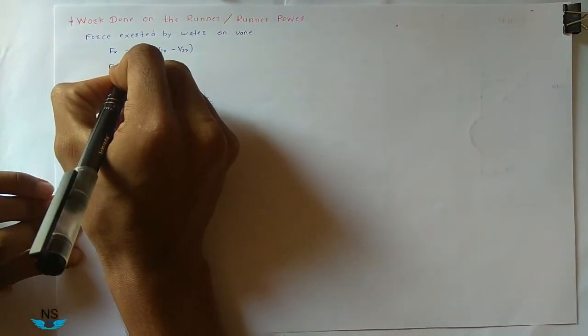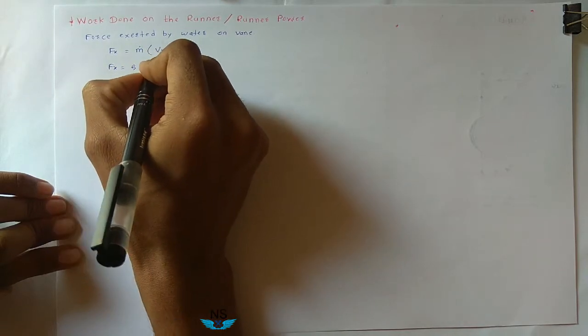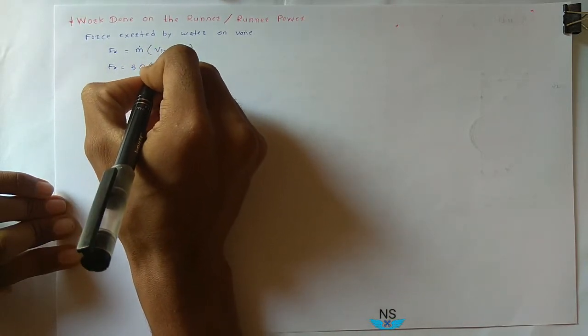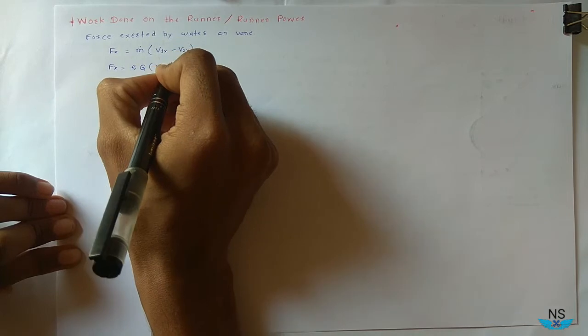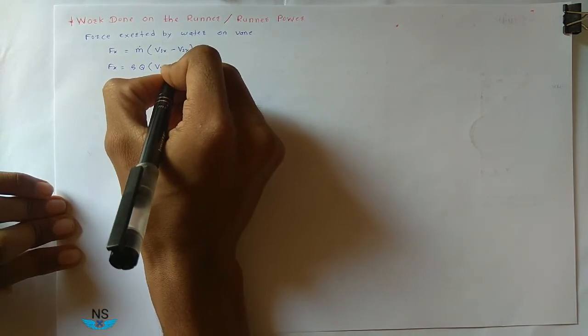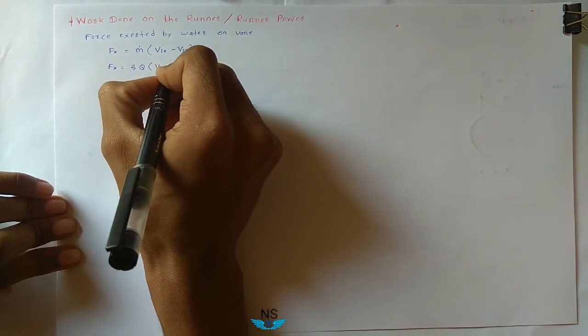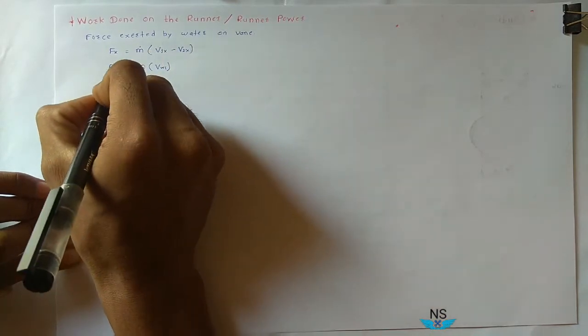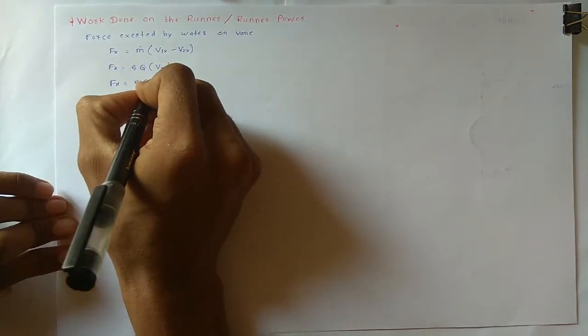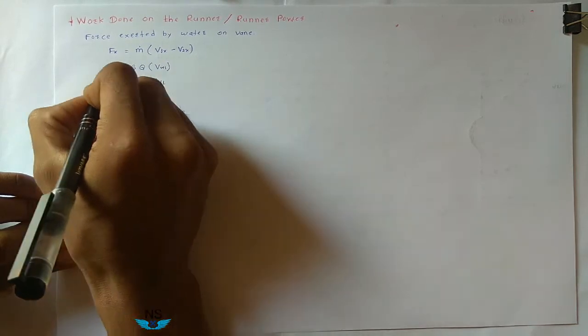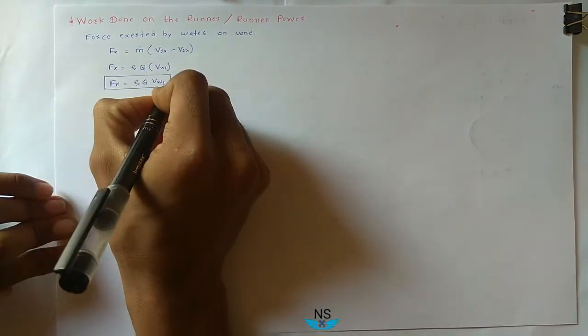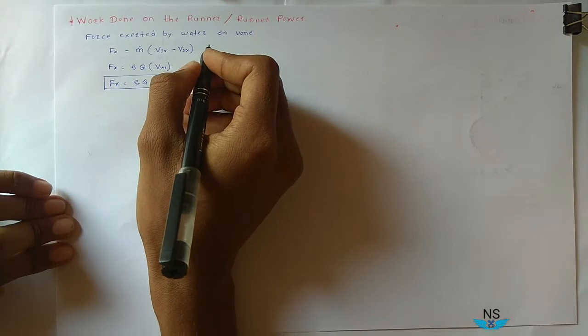So Fx is equal to m dot, which is rho Q, times V1x, which is Vw1, and V2x is 0. So Fx is equal to rho Q Vw1. This is the force exerted by water on the vane.